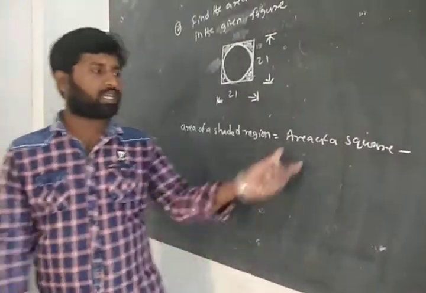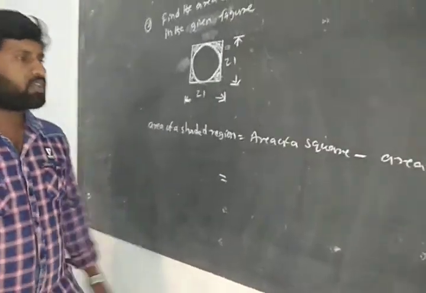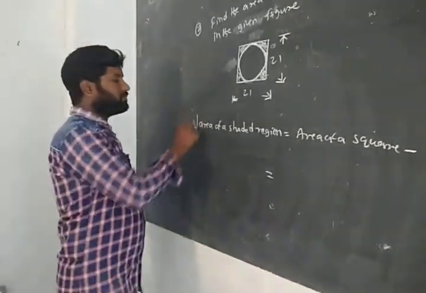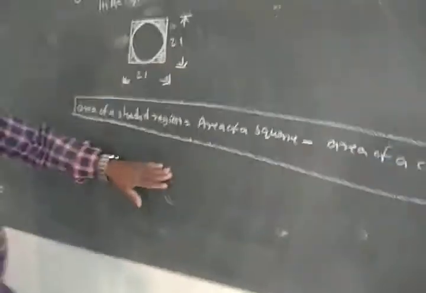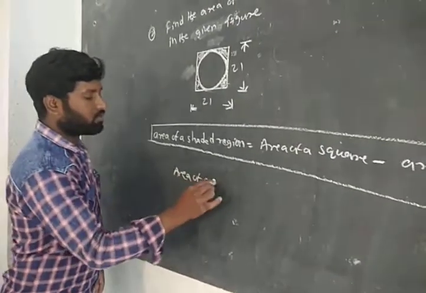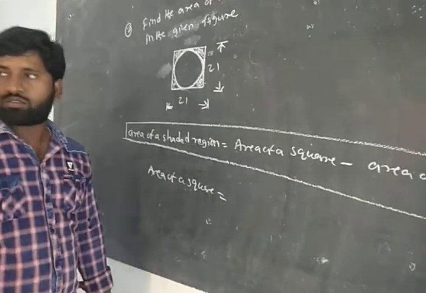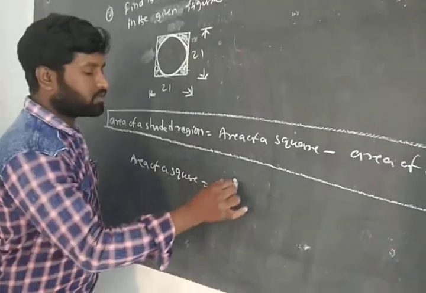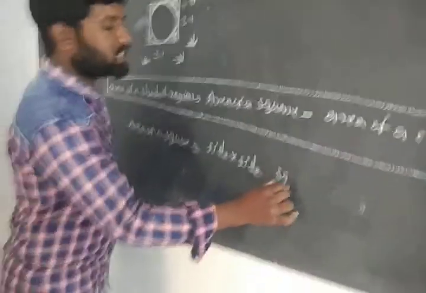First of all, I am finding the area of a square. Area of a square is equal to side into side. Area is always in square units.